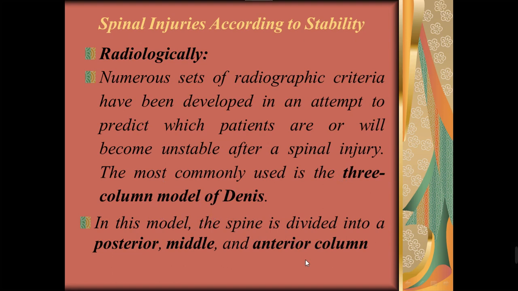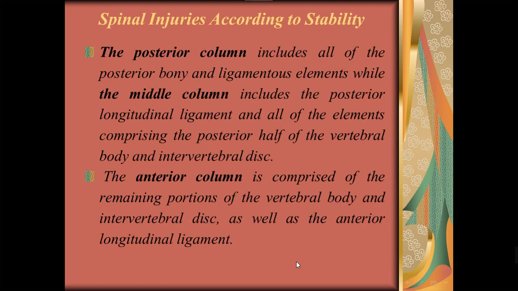Okay, now the posterior column includes all of the posterior bony and ligamentous elements. I mean, for example, the spinous process, the pedicles, lamina, and the posterior ligamentous parts which connect the posterior parts of the vertebral column.